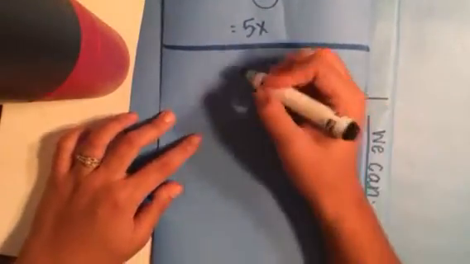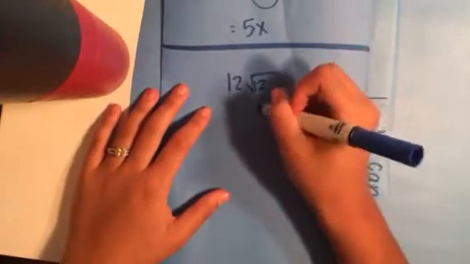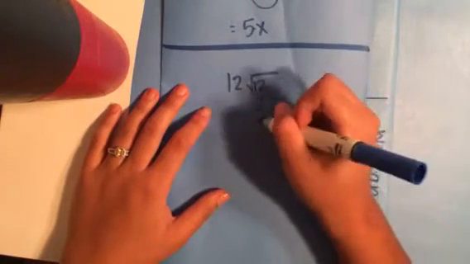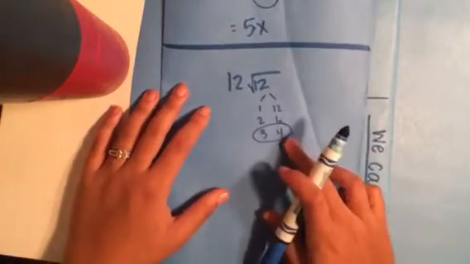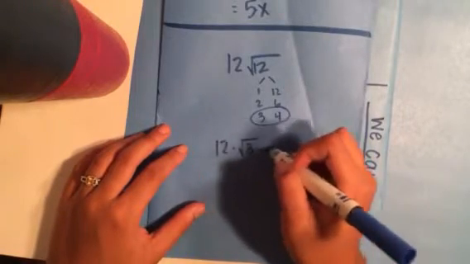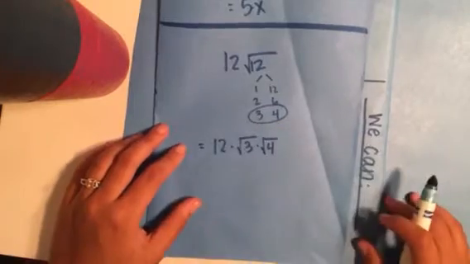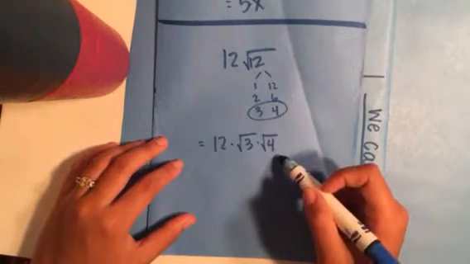And so I want to make sure that we just show that sometimes you can just have coefficients and non-perfect squares underneath the radical, and the same thing is still required, just to break down what's under the radical. 2 and 6 and 3 and 4. 4 is our largest perfect square, so we know we can rewrite this as this, and then we ask ourselves, can we take the square root of any of these, or can we simplify this anymore?